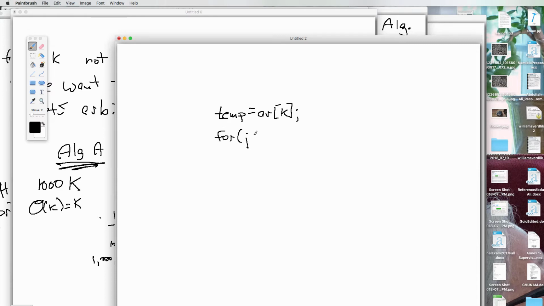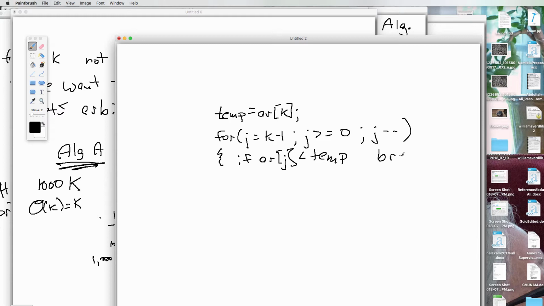We said for j equals k minus 1, while j is greater than or equal to 0, j minus minus, and then we came in here and we said if AR of j is less than temp, then we said do a break, otherwise do AR of j plus 1 is equal to AR of j.